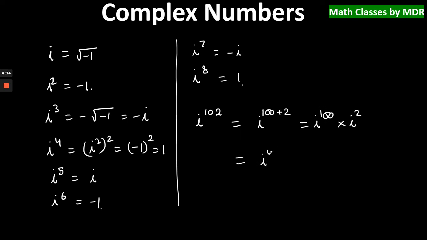Because I can write i to the power 4 whole to the power 25. We know that i to the power 4 is 1, and 1 to the power 25 is 1, and then i square. So 1 into i square is 1 into minus 1, which is equal to minus 1. Similarly, you can find it for any power. If you have 101, we will get just i. For 103, you will get minus i, and it continues.